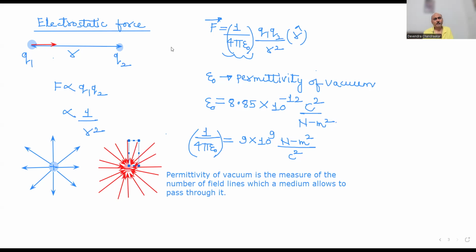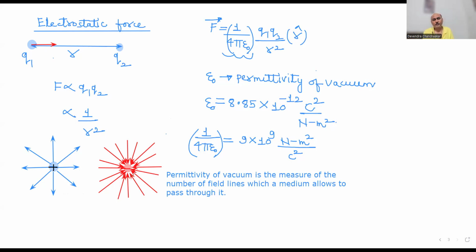If you compare the intensity of field because of these two charges at a point very close to them, the field because of the positive charge will be less than the field because of the negative charge.